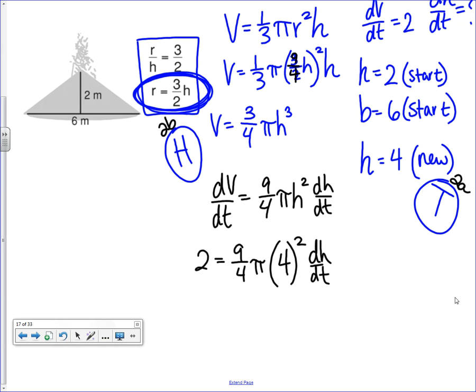So go ahead and solve that. Okay, and when you do that, again, I suggest you pause and go back and look and make sure you got everything right. You should have 1 over 18 pi, and that is meters per second for dH dt.